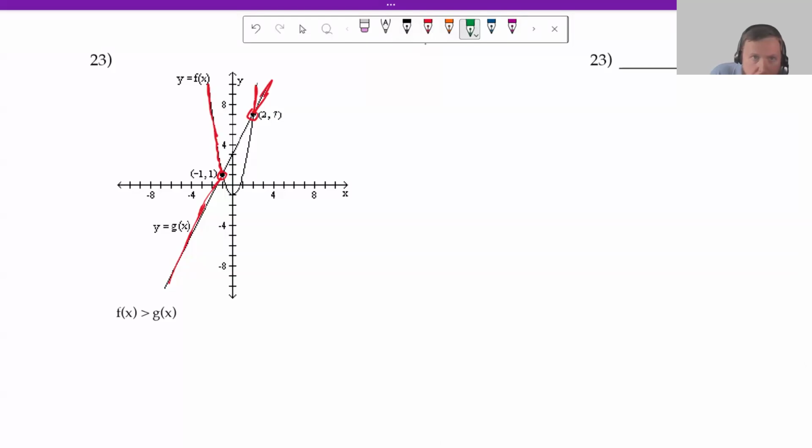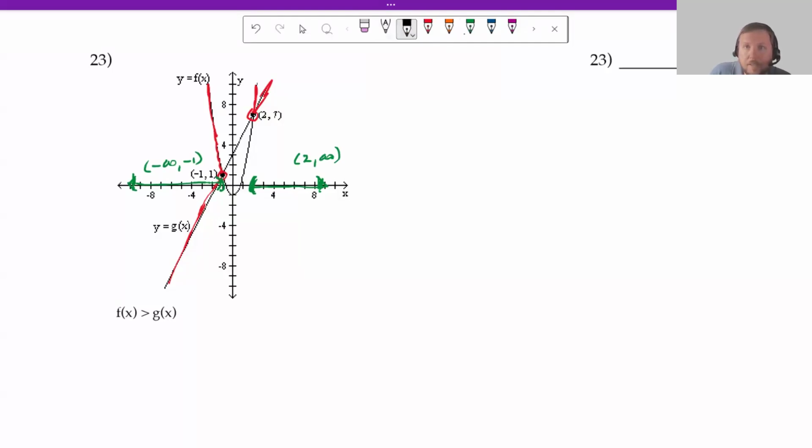So it's going to be from negative infinity up to negative 1, and then it's going to go from 2 to infinity, because they already gave us where the functions are intersecting.